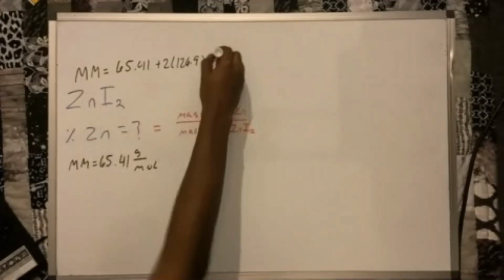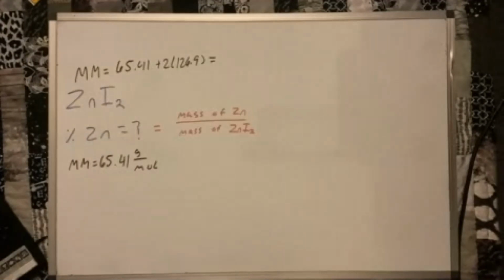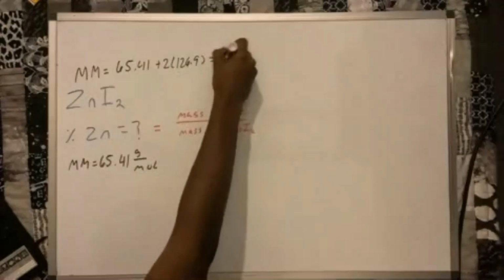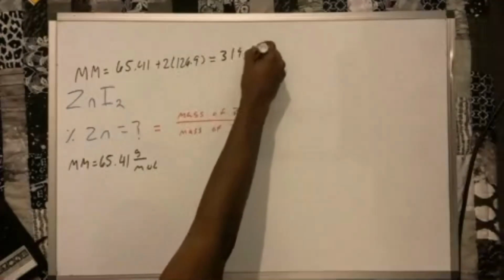So the molar mass of that, I have my calculator ready to go. We get 319.21.